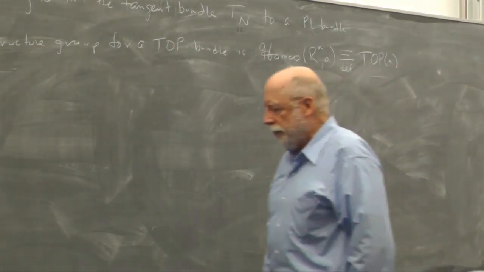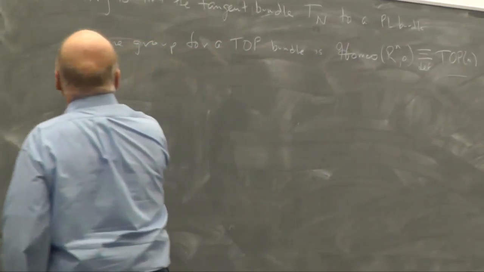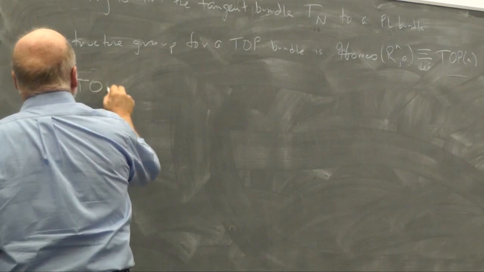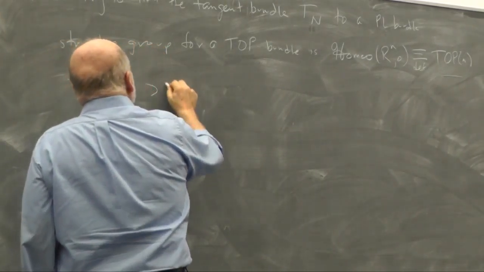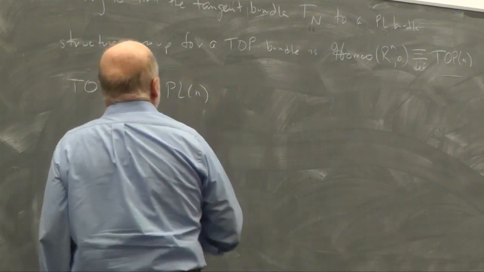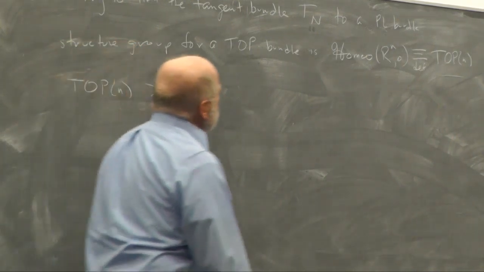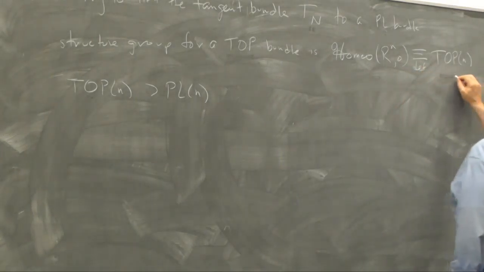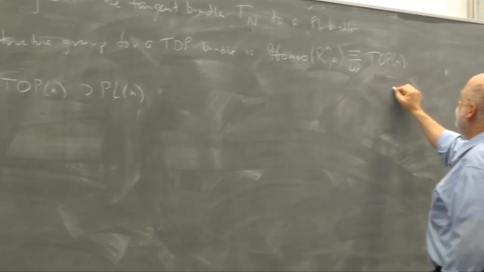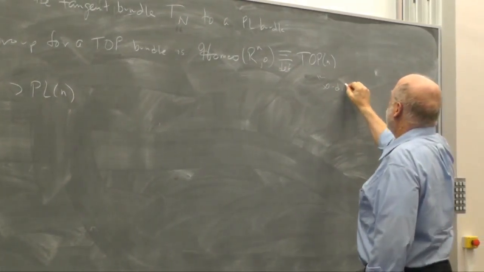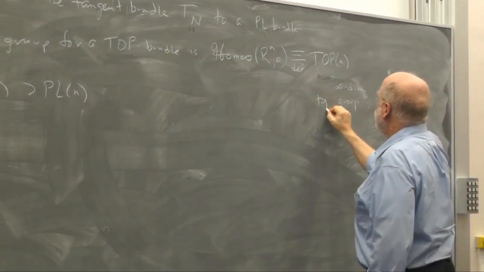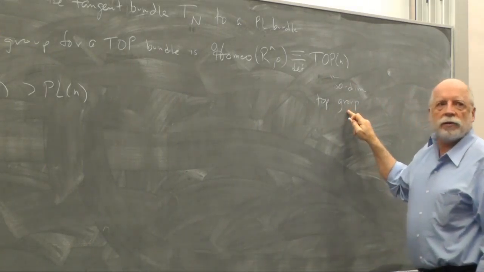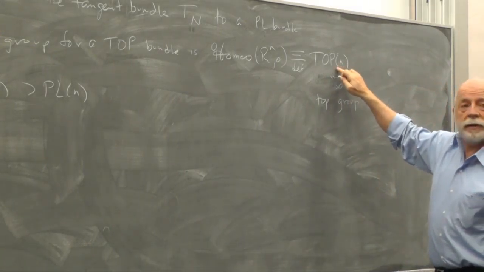But then, what does Top_N include? Well, Top_N includes PL_N, whatever that is. So this is an infinite dimensional object, but it's a group. It's a topological group. In other words, you can compose homeomorphisms. You can compose elements of this.